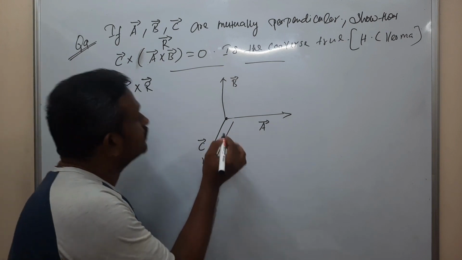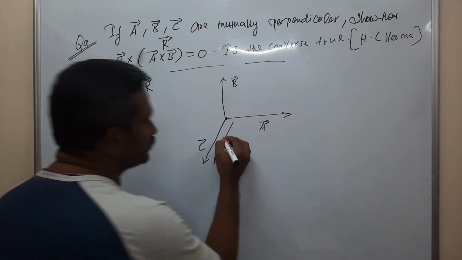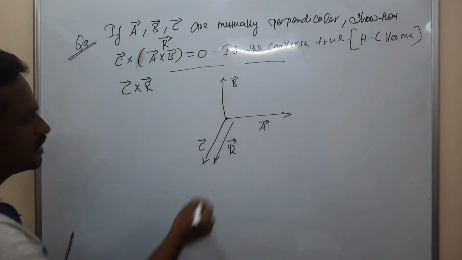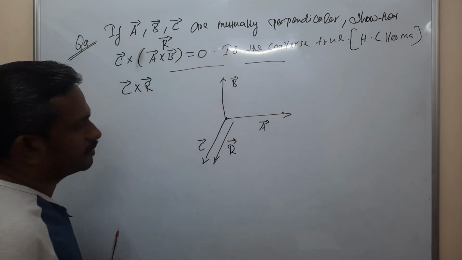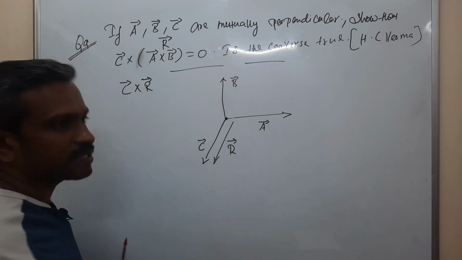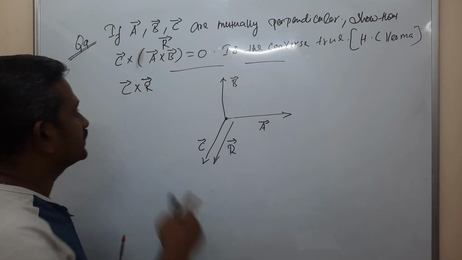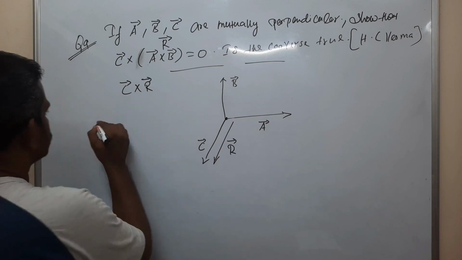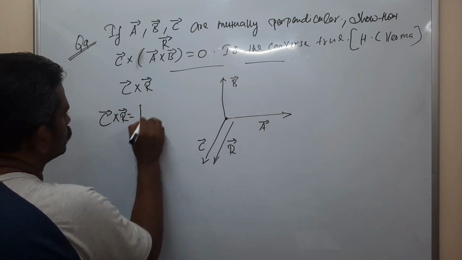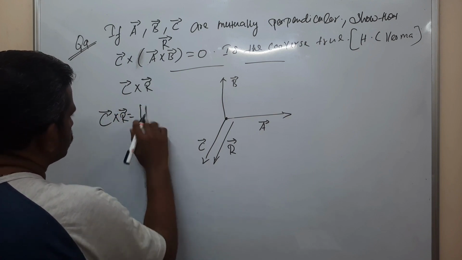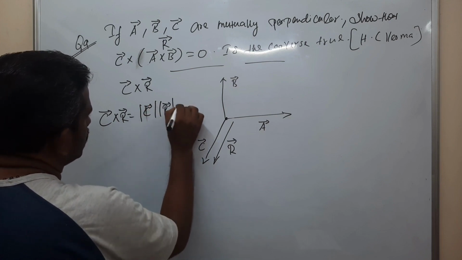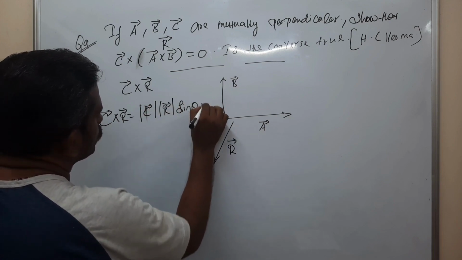Now what is the angle between C vector and R vector? These two vectors are parallel, so the angle between them is equal to 0. C vector cross R vector is equal to modulus of C vector, modulus of R vector, sin theta into n cap.